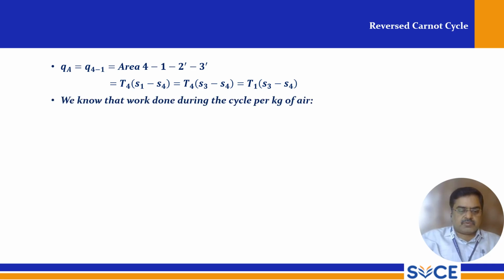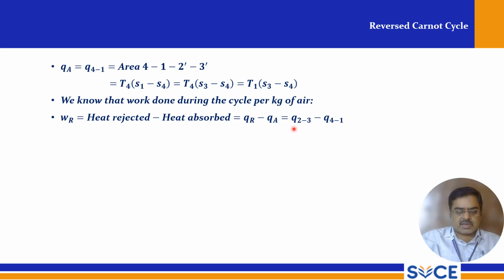And we know that the work done during the cycle per kg of air can be calculated as heat rejected minus heat absorbed, that is QR minus QA, that is Q2-3 minus Q4-1. So QR is the heat energy that is rejected in the Q2-3 process, and heat absorbed is Q4-1.